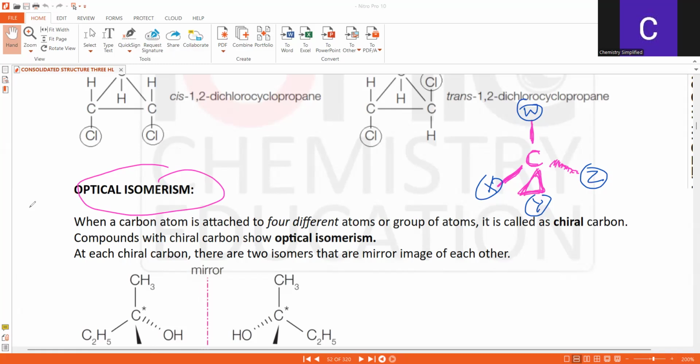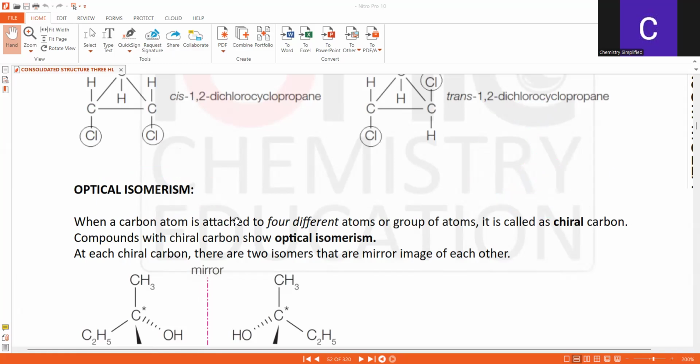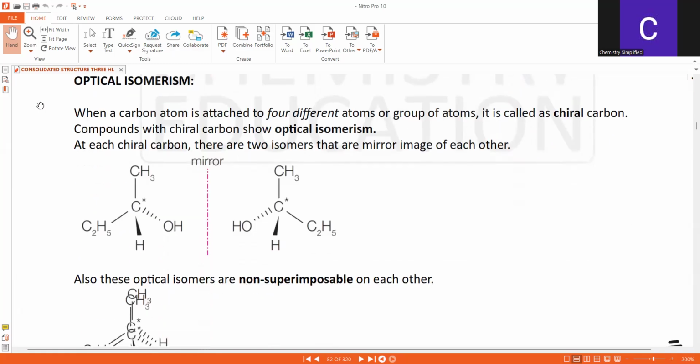Only then will that compound exhibit optical isomerism, and there will be 2 isomers of this. For example, you can see here, this carbon atom is bonded to CH3, C2H5, H and OH. So this will exhibit optical isomerism.